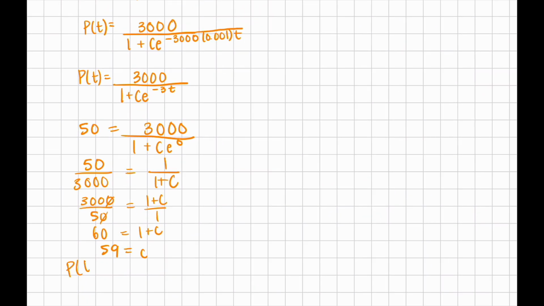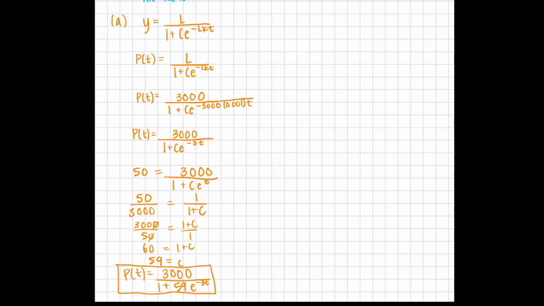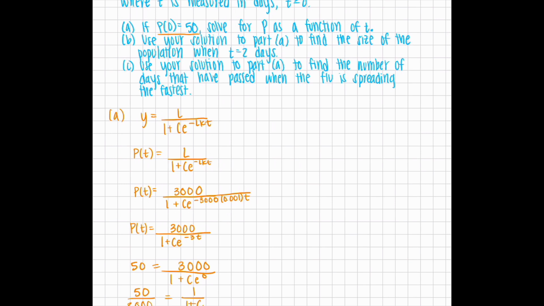So let's write our final equation. P of t equals 3,000 over 1 plus 59e to the negative 3t. And that is our first answer. Letter B, use your solution in part A to find the size of the population when t equals 2 days.